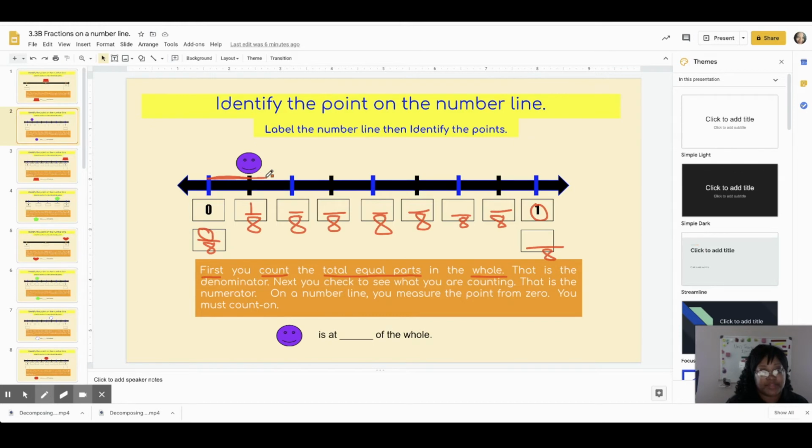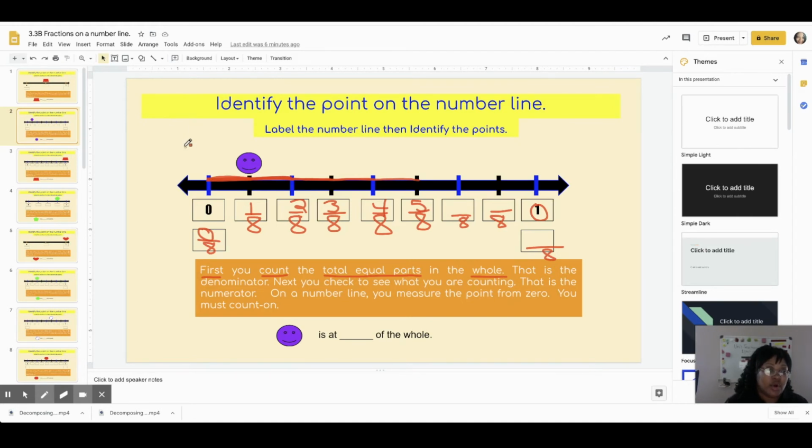If I go from 0 to here, I've traveled 1 equal part, 2 equal parts, 2/8. 3 equal parts, 3/8. 4 equal parts, 4/8. 5 equal parts, 5/8.